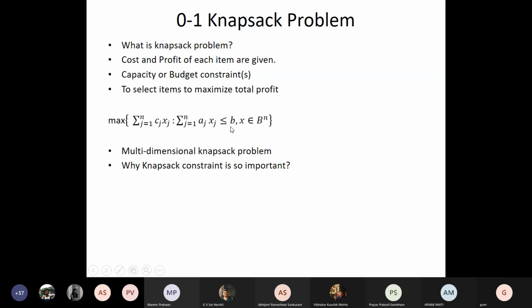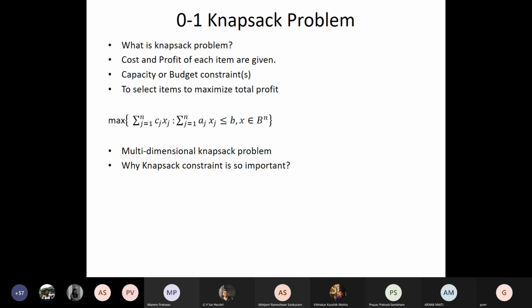Small b is the capacity of the bag. X belongs to binary space. So whether to put an item in the bag or not, that is the decision. This is the maximization objective, and this is the constraint, which is called a knapsack constraint or capacity constraint. Okay, so this is an example of a simple knapsack problem.